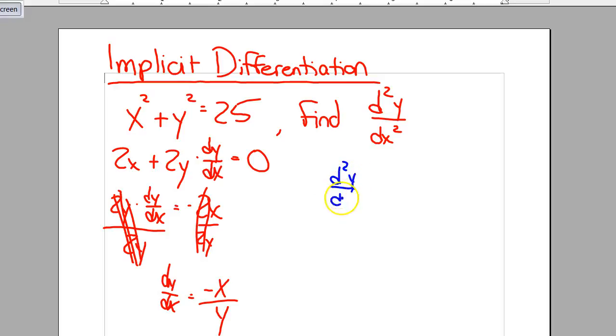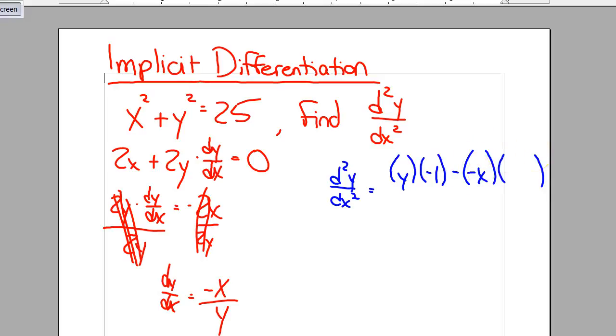On the right-hand side, it's quotient rule. So it's the bottom times the derivative of the top. What's the derivative of the top? Negative 1. Minus the top times the derivative of the bottom.